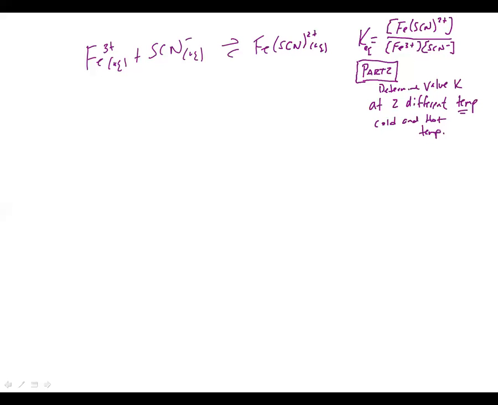In order to do that, we're going to use the Spec 20 from Pasco, like what we used before in the kinetics experiment. In the first part of this experiment, part 1, you're going to make a set of standard solutions to make a calibration curve.